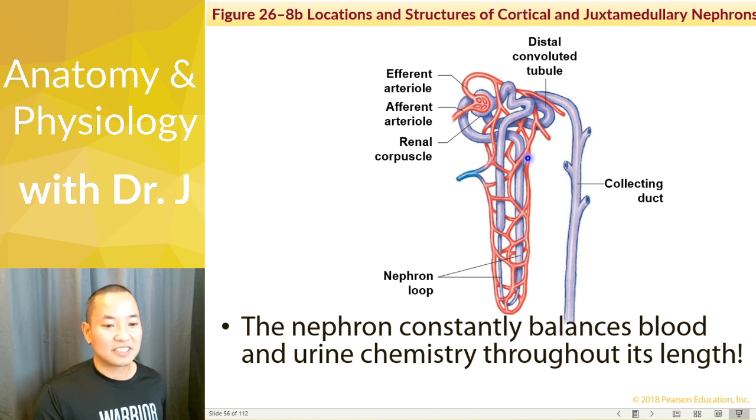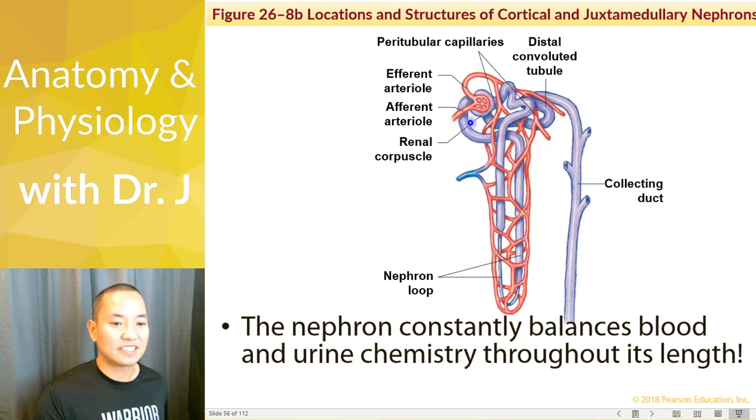The thing is that you're moving water out of the filtrate, but you're also moving it back into your circulation. This is why it's very important to have these blood vessels not only in the glomerulus, but also reclaiming things you're trying to reabsorb. It just doesn't stay in the medulla, it actually gets reabsorbed into blood vessels. So you have these peritubular capillaries that are around the PCT and DCT.